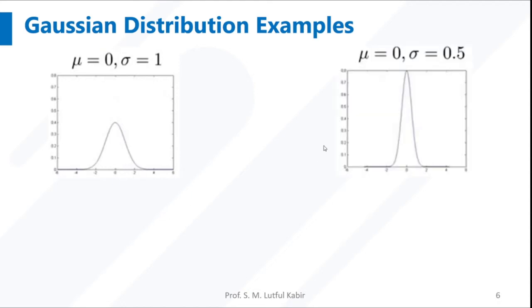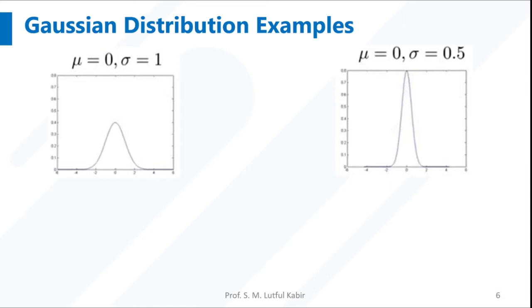Then let us see the other case where mu equal to 0, so the mean is also 0, but sigma equal to 0.5. That means the width is reduced. In the previous case the width was 1, now the width is 0.5. But the tip has increased because the area is always 1. The area under this curve and the area under this curve is also 1.